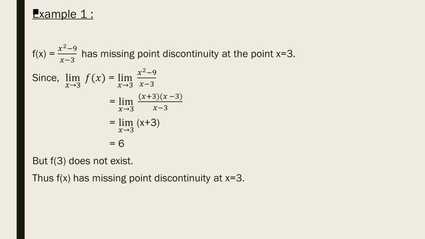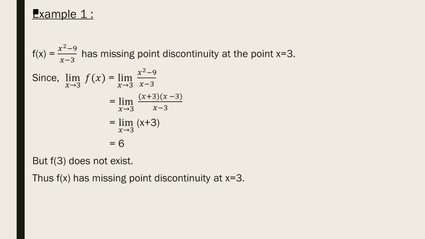Why? Because in the given problem, the function is f of x equal to x square minus 9 by x minus 3. To get the f of 3 value, we have to put x value 3 in the given function. Then numerator is exactly 0 and denominator is also exactly 0. Exactly 0 by exactly 0 is a meaningless expression.